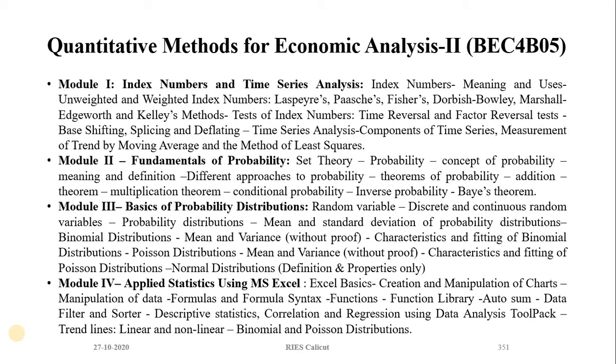That's all about this second module. The third module is an extension of probability. In this chapter we will learn certain probability distributions like binomial, Poisson, and normal probability distributions.